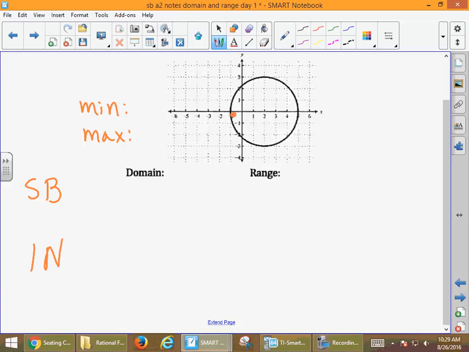Isaac, what's our maximum? 5. So when we write this in set builder notation, x bar, for all values of x such that our x values are going to be in between -1 and 5. And you do want to write that in the proper order.